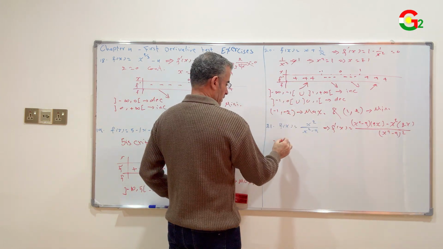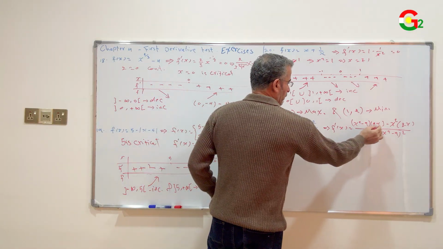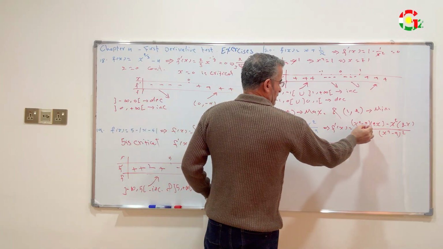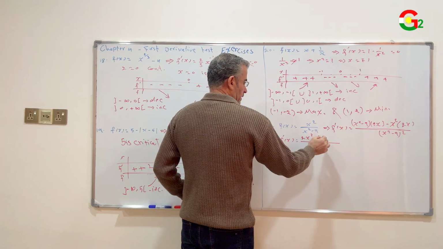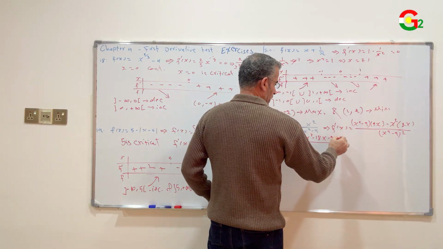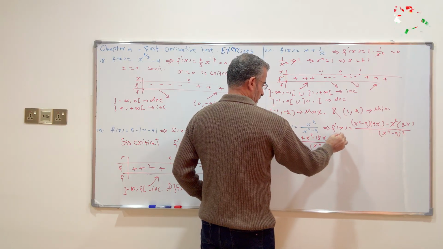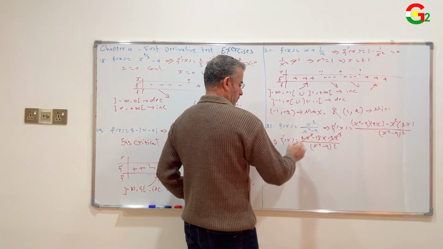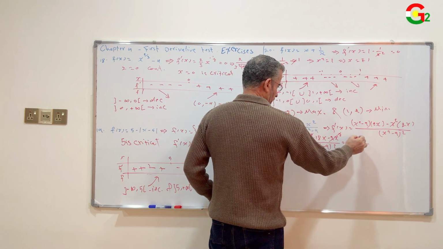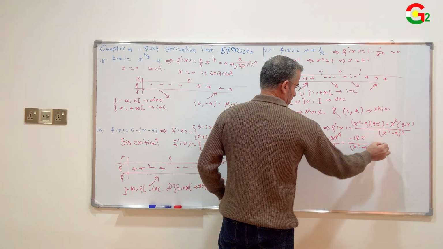Simplify this derivative: f prime of x equals (2x times (x^2 - 9) - 2x^3 times... ) wait, in terms of the numerator: 2x^3 minus 18x minus 2x^3, over (x^2 - 9) squared. The minus 2x^3 cancels with the positive 2x^3, leaving negative 18x over (x^2 - 9)^2 equals 0.